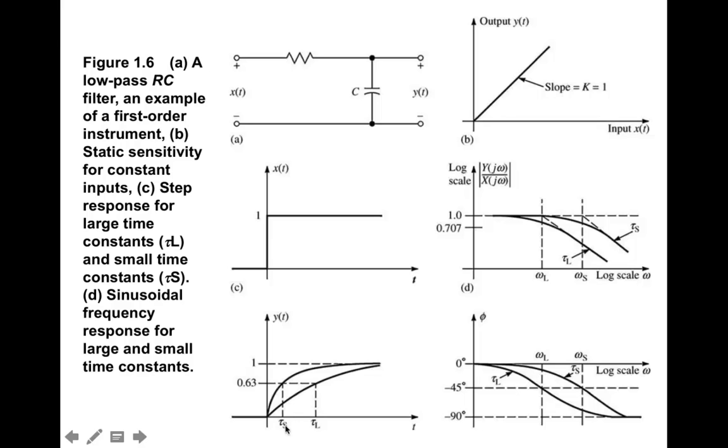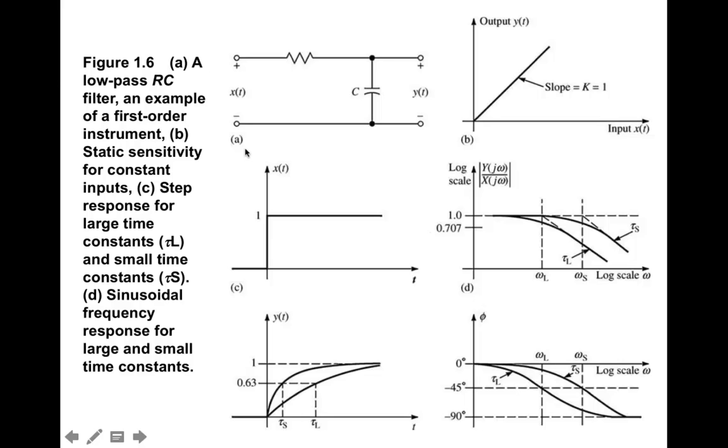So this is an example of when the time constant is small, you're going to approach 1 relatively quickly. When the time constant is larger, you will approach relatively slowly. The phase is going to transition based around the cutoff frequency associated with the filter. And so you find that you start with 0 phase at DC, and then as you go to very high frequencies, you have a negative 90-degree phase shift.